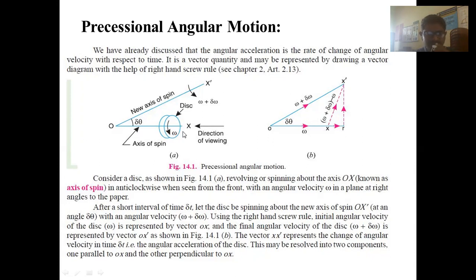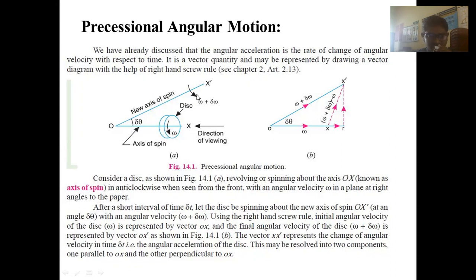omega. After a short interval of time delta t, the axis of spin has changed its direction from OX to OX dash like this. It means the axis of spin is also rotating through an angle delta theta. So the angular velocity of the disk has slightly changed from omega to omega plus delta omega.